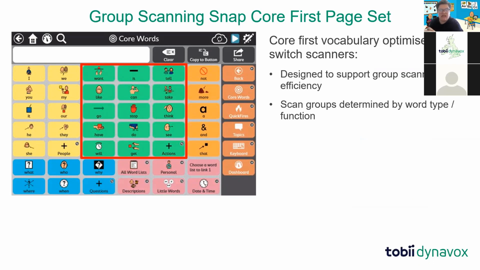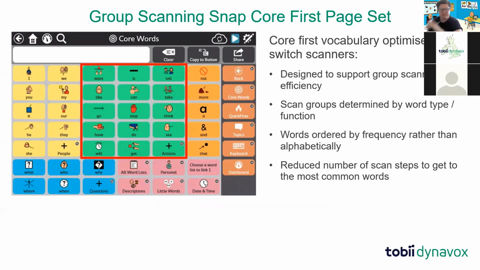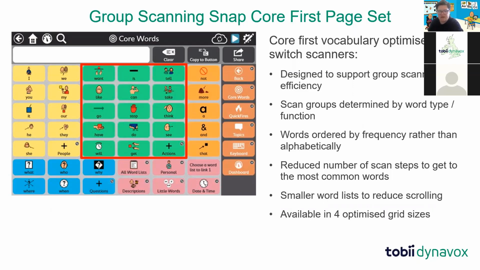The scan groups are determined by word type and or function. The words are ordered by frequency rather than alphabetically, again following on from what we've done in word lists. We've reduced the number of scan steps to get to the most common words. Again, we've reduced the word lists, similar to what we've just done.